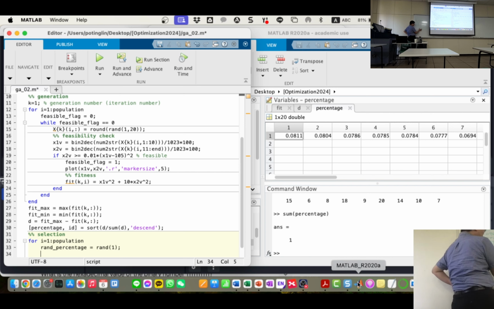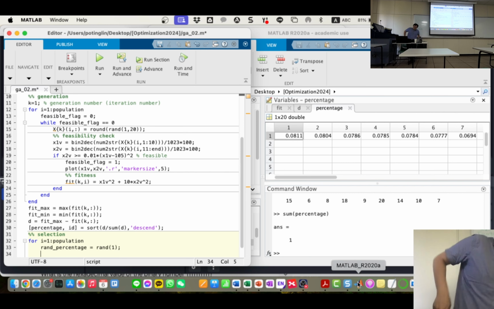So you just count which one the random pointer is pointing at. If this one is randomly chosen, that one is chosen. So I'm going to do this 20 times. So if a chromosome has a wider range, it has a greater chance to be chosen, right?